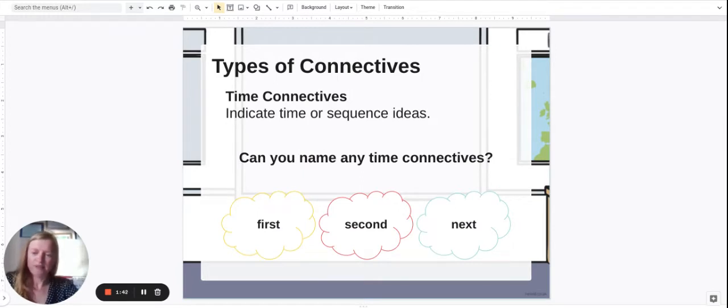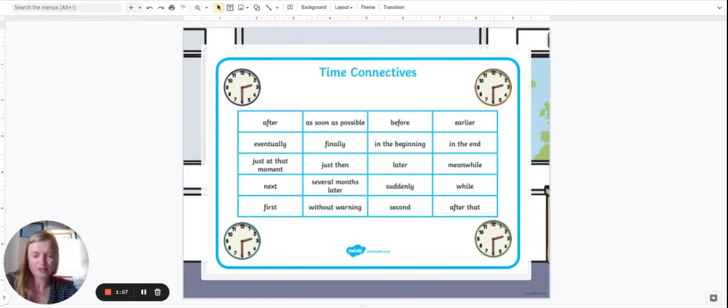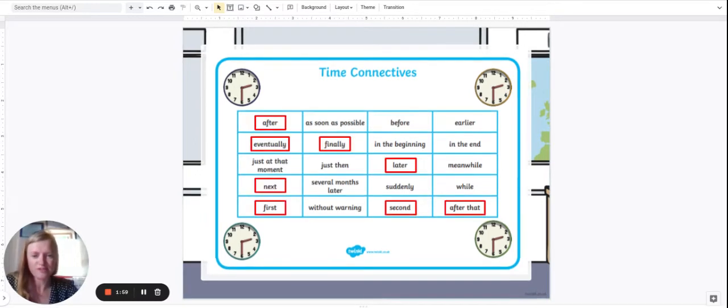Do you remember any of the words we used for time connectives? They indicate time or sequence ideas. So we use things like first, second, next, after that. There's a full list of all the time connectives that we use, but I have specifically highlighted the ones I think we should be using when writing instructions.